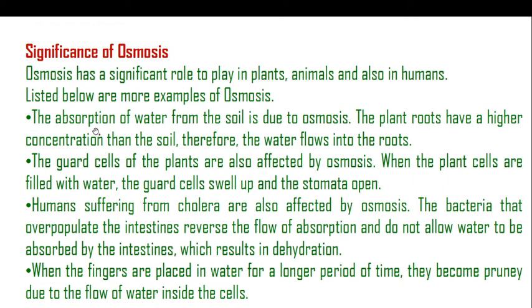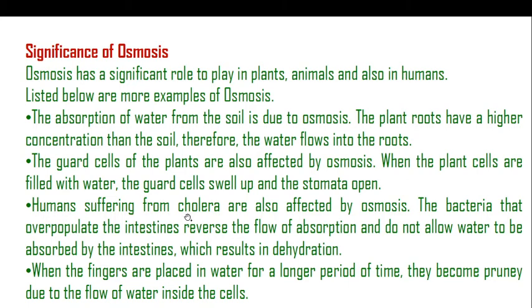So first of all, the absorption of water from soil is due to osmosis. The plant root has a higher concentration than soil, therefore the water flows into the roots. Then guard cells of the plants are also affected by osmosis. When the plant cells are filled with water, the guard cells swell up, become larger in size, and the stomata open.